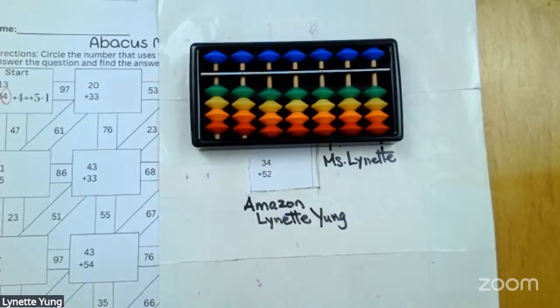That's why. So 34 plus 52 will be plus the 5. And then plus the 2 will be just plus the 5 minus the 3. So it's 86.